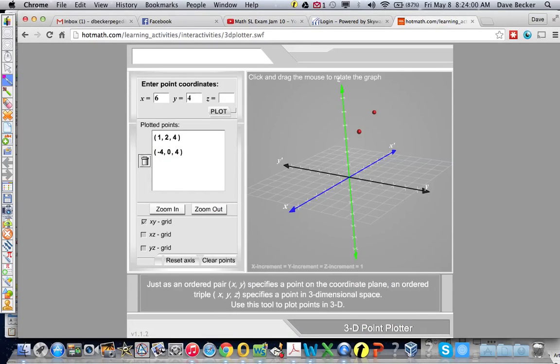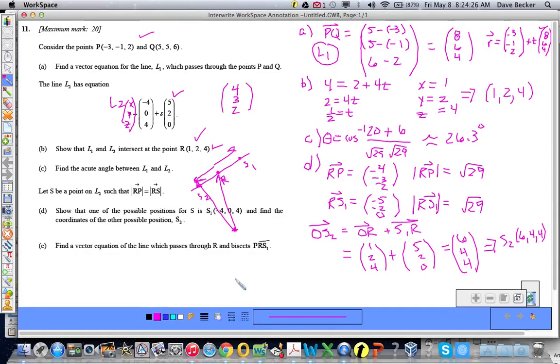Let's zoom in. Okay, plot. Boom, boom, boom. And at least visually, I mean, we have the cursive perspective here, but I think you can agree that we can be reasonably sure that that is correct just looking at that. Not that you would have that tool in the exam. I just thought it was kind of cool.